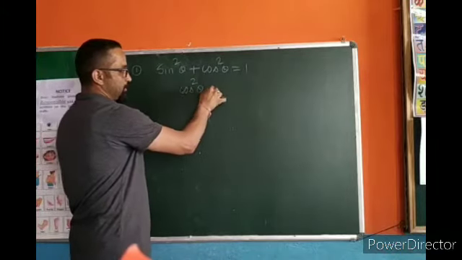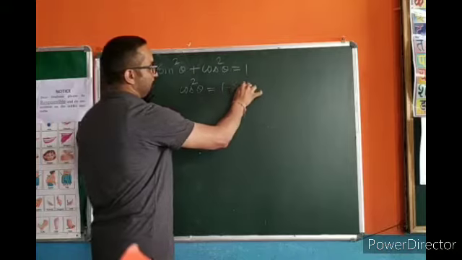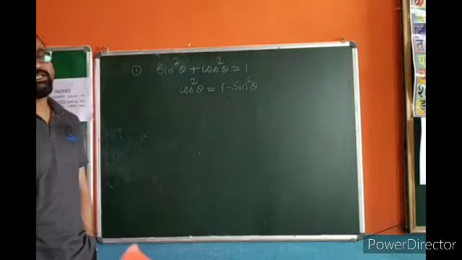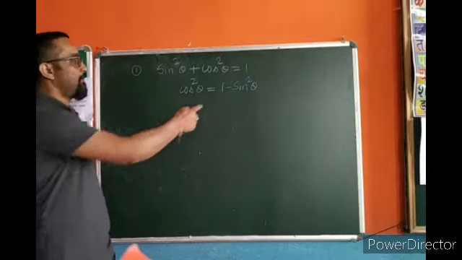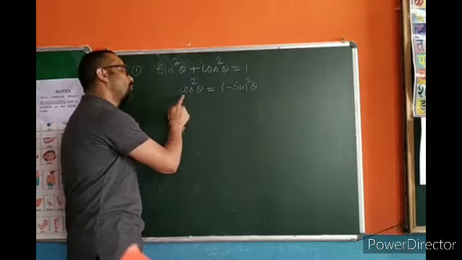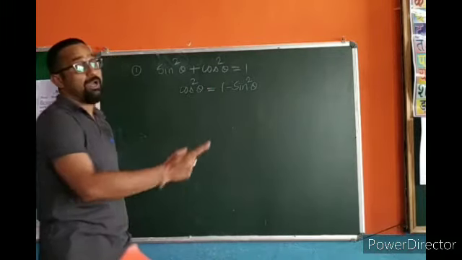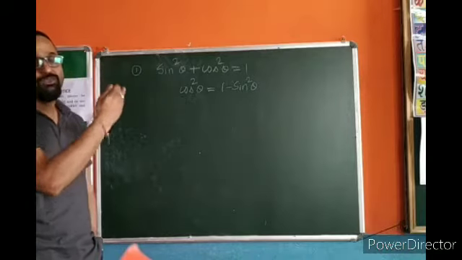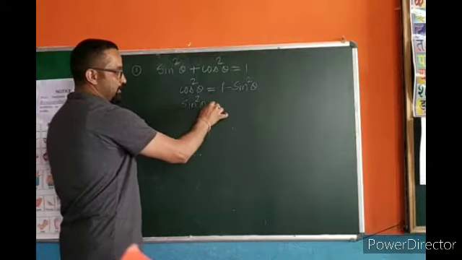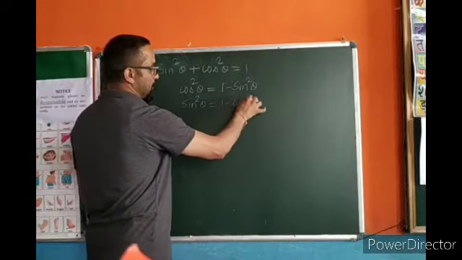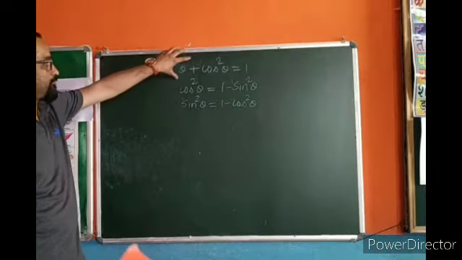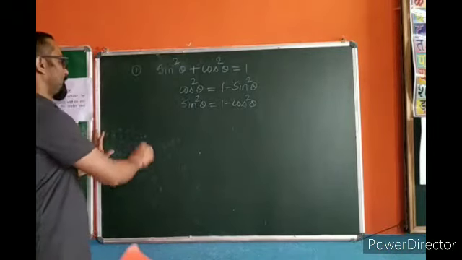Cos square theta is equal to 1 minus sine square theta. And this identity is used vice versa. When you have 1 minus sine square theta, you can write cos square theta, or when you have cos square theta, you can write 1 minus sine square theta, vice versa application. Sine square theta is equal to 1 minus cos square theta. Two more formulae are derived from square relation.